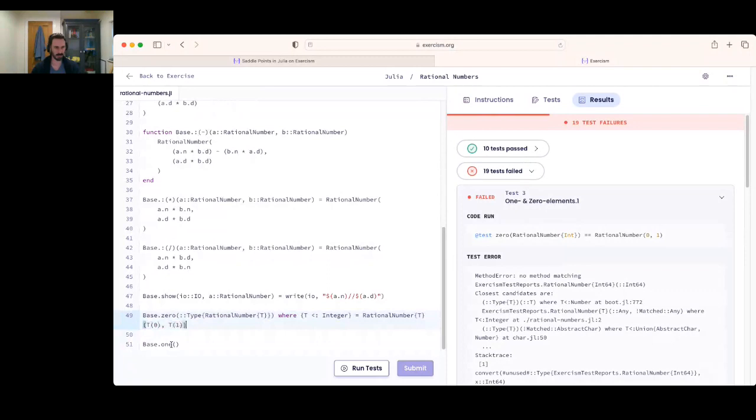Or is that unnecessary? Am I overcomplicating it? Does anyone in the chat know that I'm making a pig's ear overcomplicated version of this? Because I don't. Let's try it without and see if that passes. If that passes, happy days.